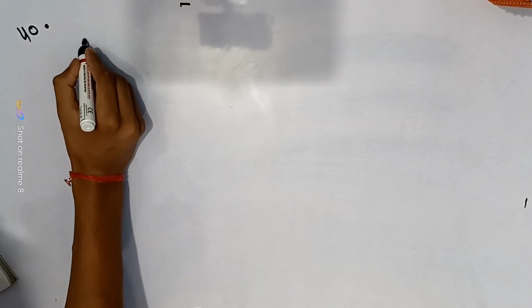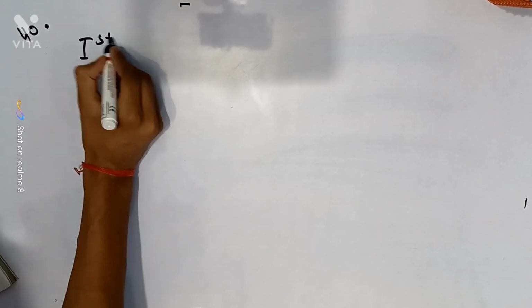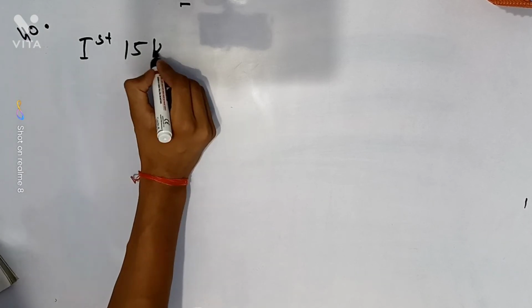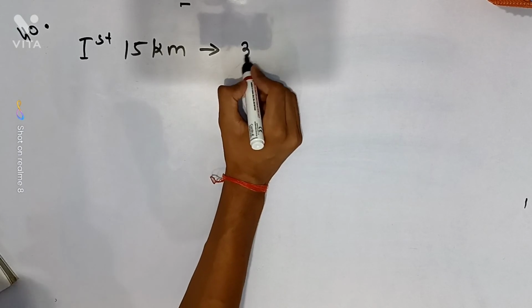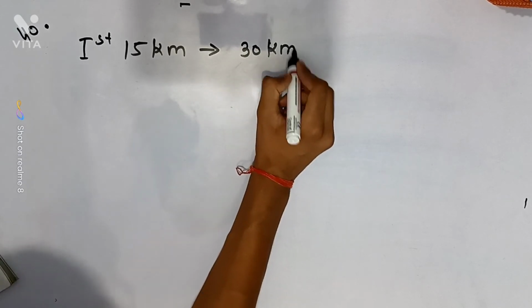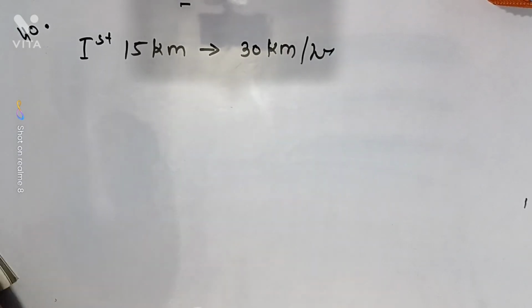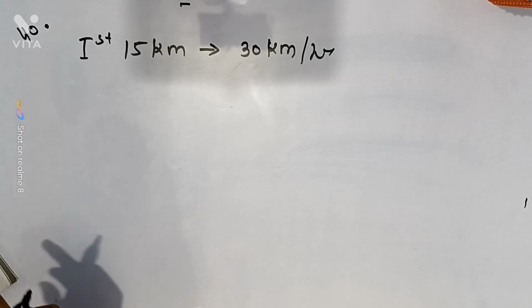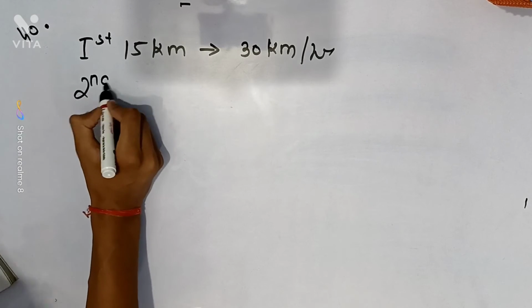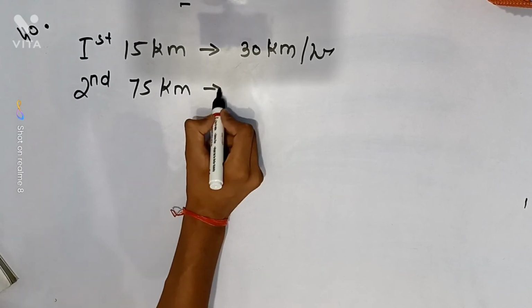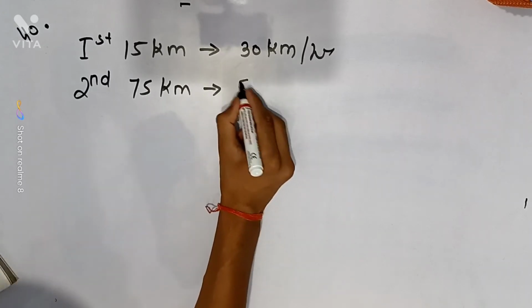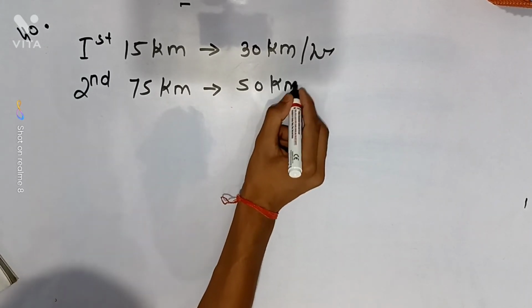Means the first 15 km journey traveled by the train is at a uniform speed of 30 km per hour. Now the next 75 kilometers at a uniform speed of 50 kilometers, means for the second journey of 75 kilometers they traveled at a uniform speed of 50 kilometers per hour.